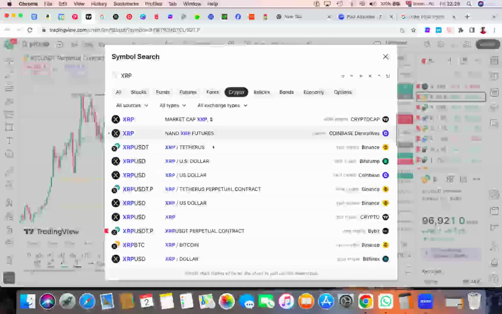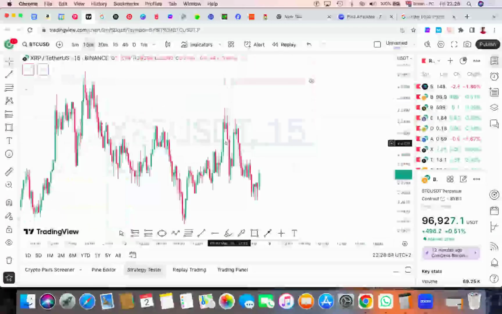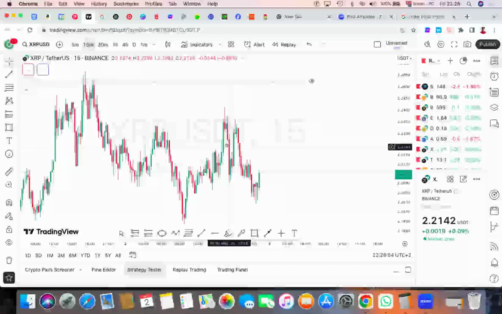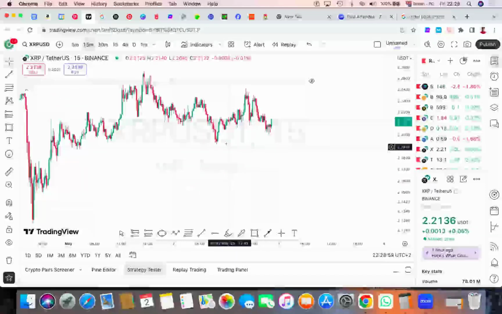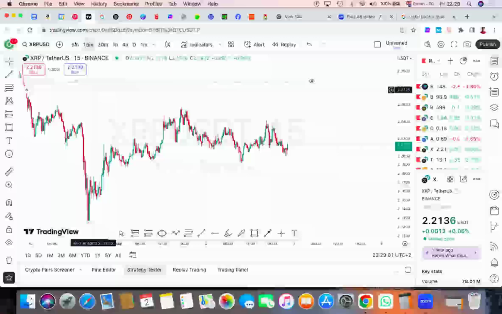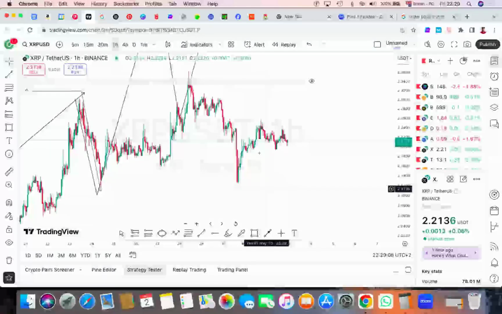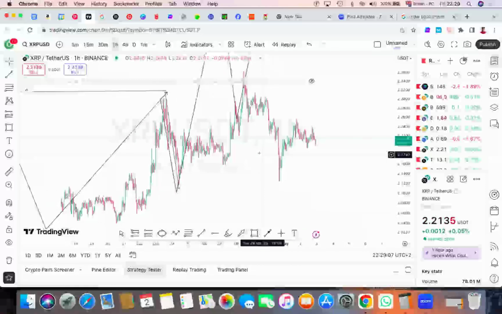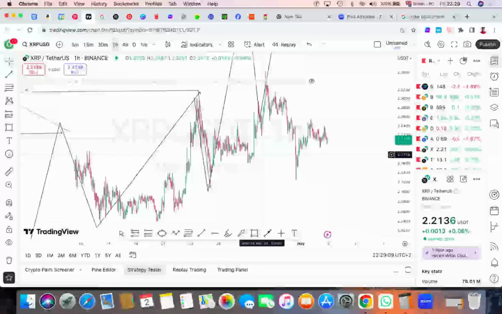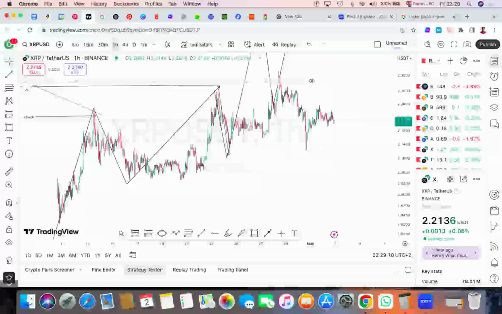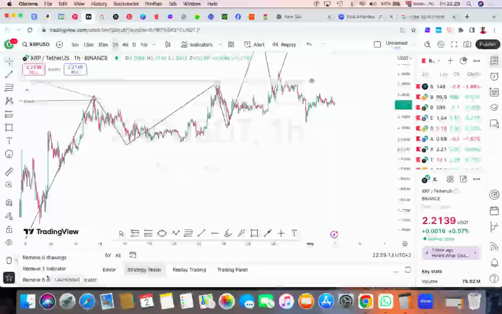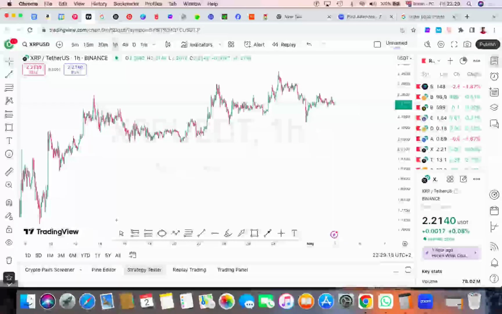Let's look for Binance. Okay. So we are on, let's go 1 hour. I think we were actually using SRPG last time for classes. So let me just delete all of this.